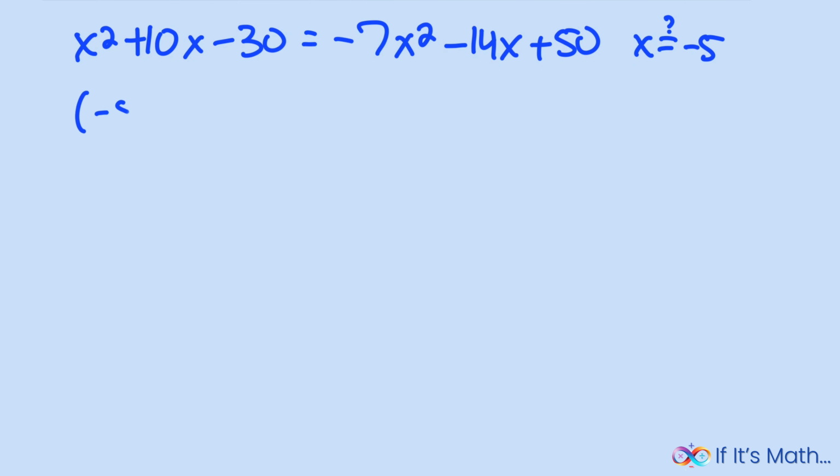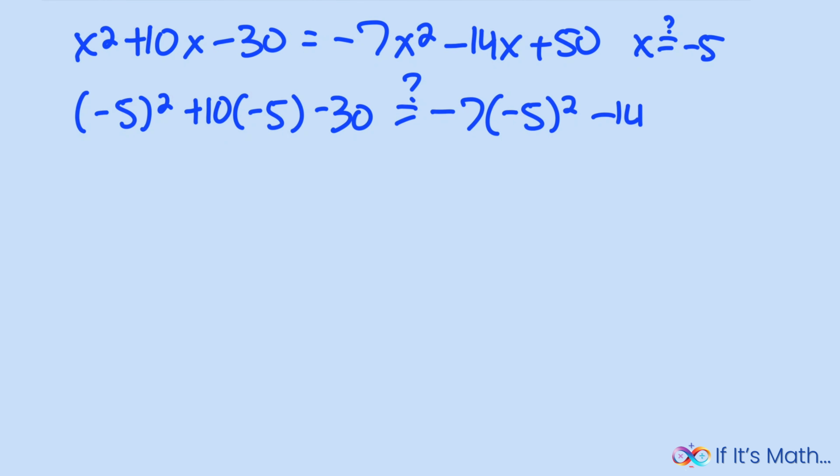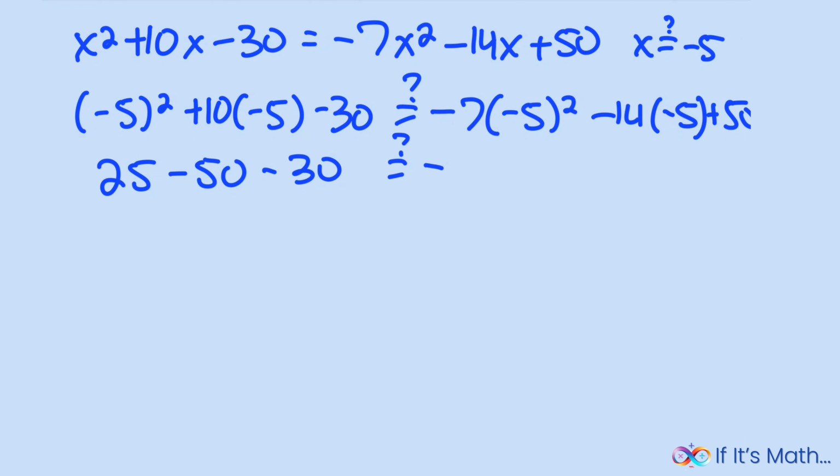So negative 5 squared plus 10 times minus 5 minus 30, does that equal negative 7 times negative 5 squared minus 14 times minus 5 plus 50? So that'll reduce down to 25 minus 50 minus 30. Does that equal a negative 7 times 25 plus 70 plus 50?